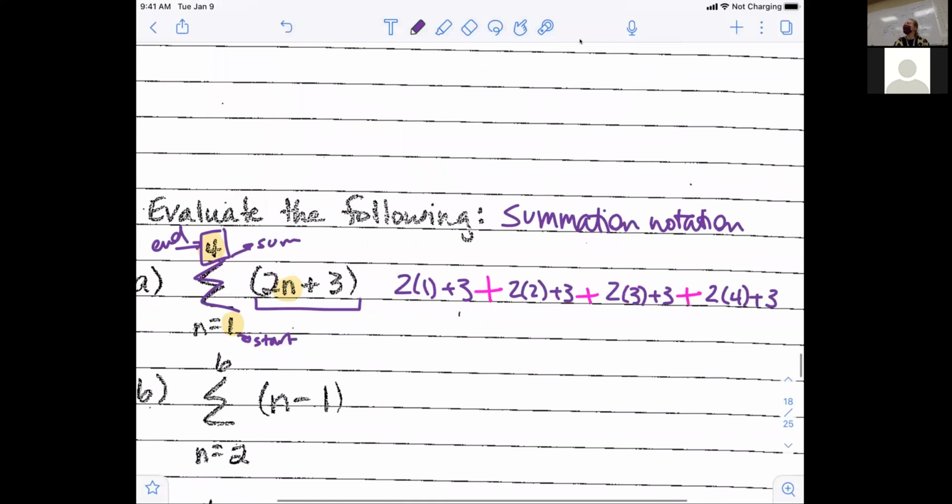So we're just going to find all those terms and then add them individually together. If you can find a pattern, use it. If you can't find a pattern, then just solve them all out.